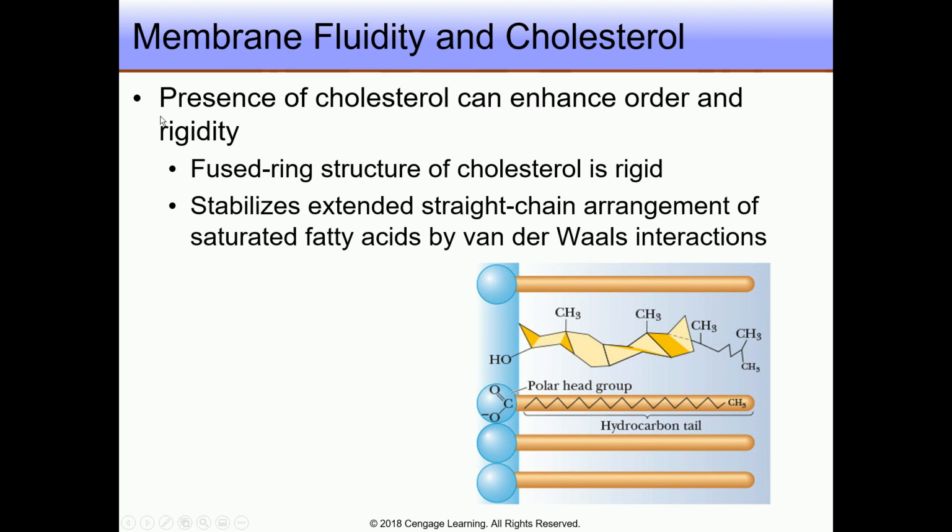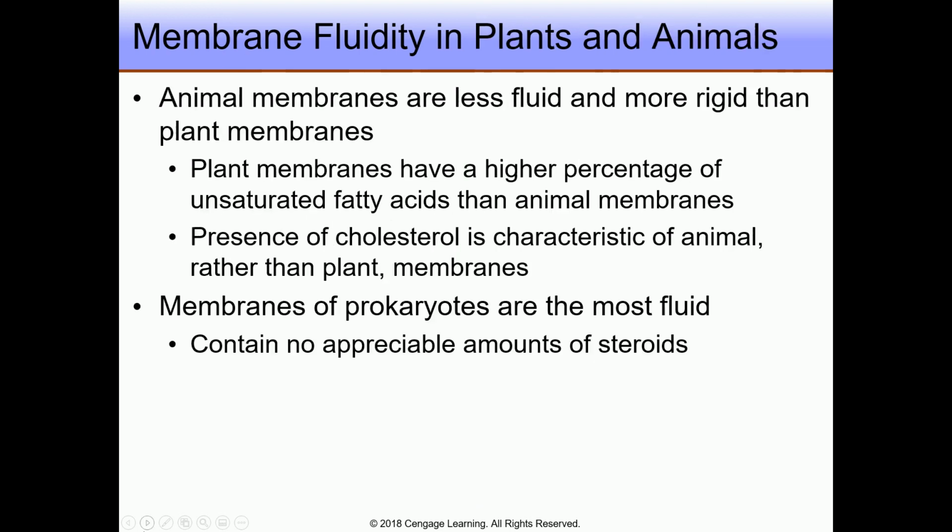So the presence of cholesterol can enhance order and rigidity. Animal cells are less fluid because they have cholesterol in them. They're less fluid and more rigid than plant membranes, and plant membranes have a higher percentage of unsaturated fatty acids compared to animal membranes.